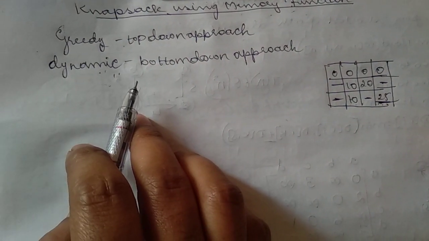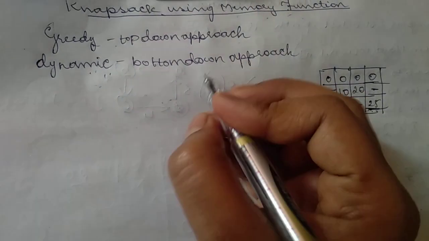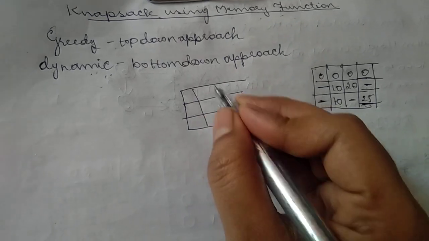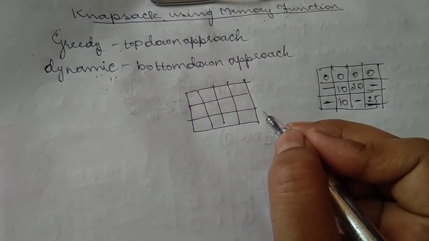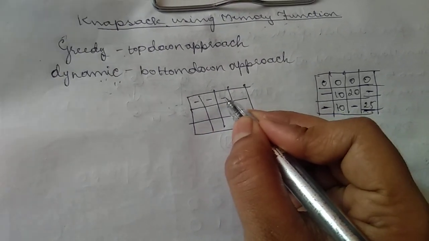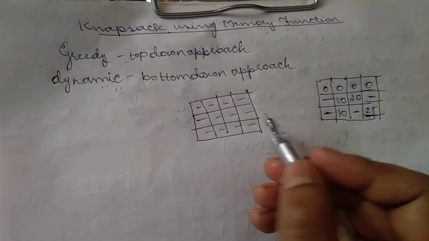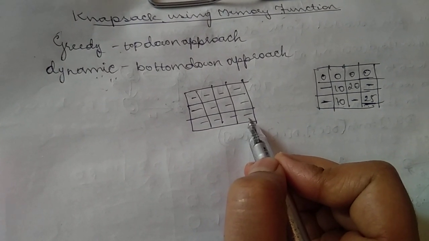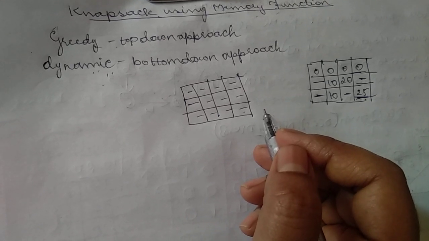Second, initially the table entries are filled with null symbols. If an entry is empty, it is filled with a null entry; this hyphen indicates the null entry in memory functions.